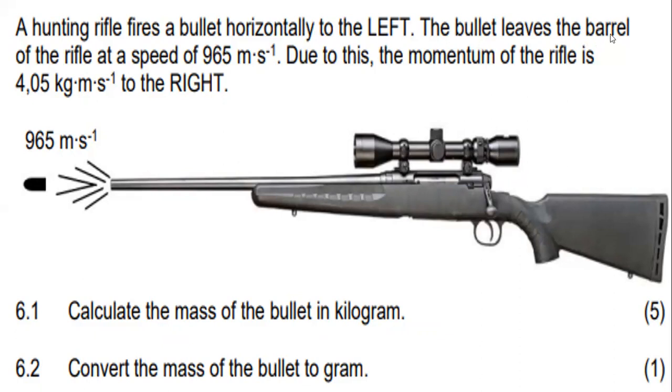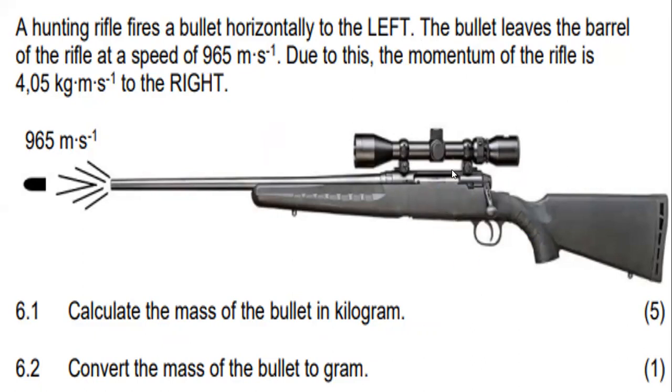The bullet leaves the barrel of the rifle at a speed of 965 meters per second. Due to this, the momentum of the rifle is 4.05 kilograms dot meters per second to the right. Now, let us analyze what is happening together with the diagram.